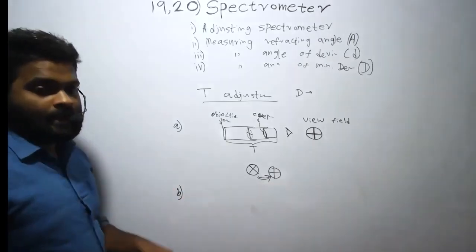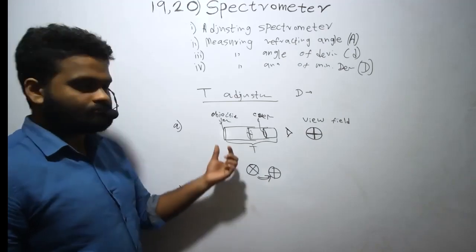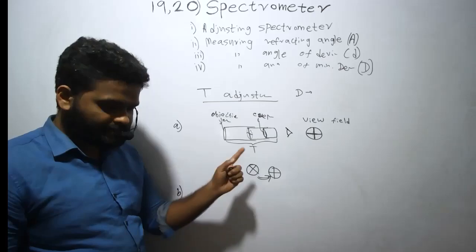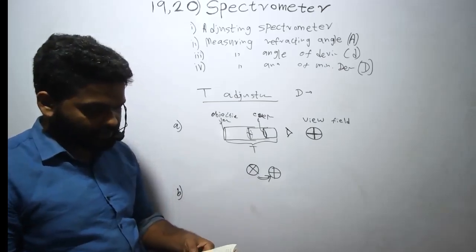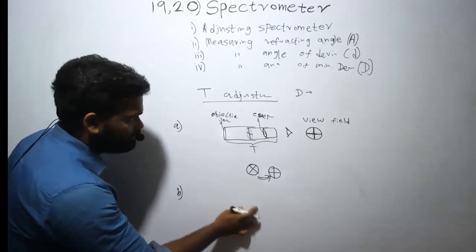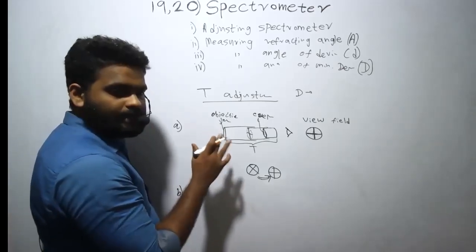Then adjustment B. Here you have to adjust the objective lens, the distance between the objective lens and cross wires.